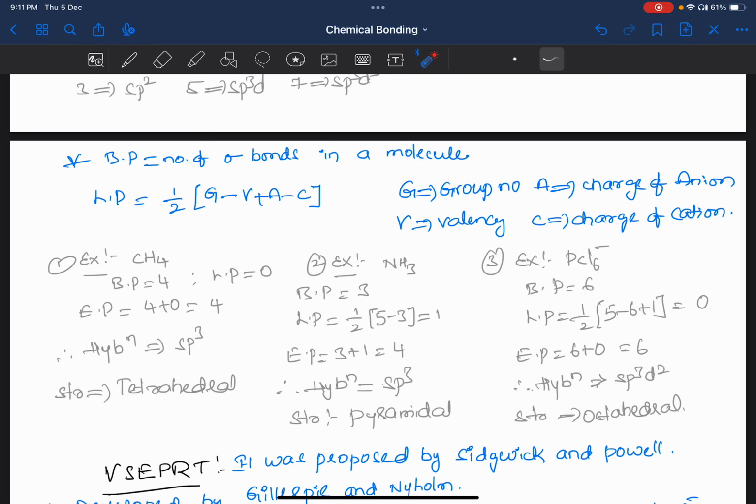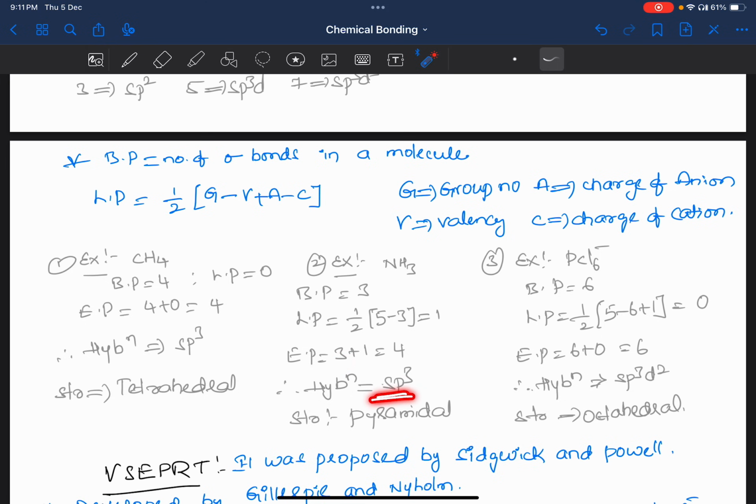And next, ammonia. In the ammonia molecule, the center atom is nitrogen. Bond pairs are 3. And see about lone pairs: half of group number, nitrogen belongs to fifth group, minus valency, which in ammonia is 3. So 5 minus 3 is 2, 2 by 2 is equal to 1. Therefore total electron pairs is 3 plus 1, equal to 4.